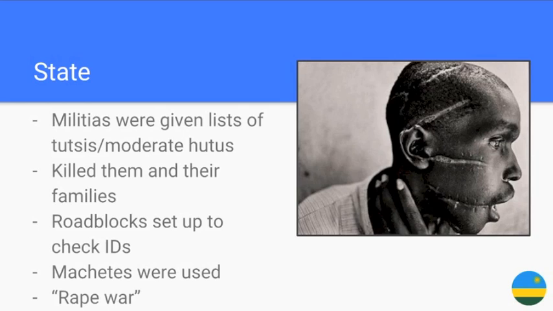State-wise, this actually gives a little bit more information on what happened as well. Militias were given lists of Tutsis or even moderate Hutus, and they went to kill them and their families.